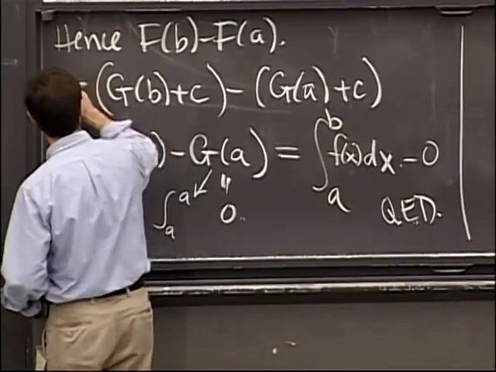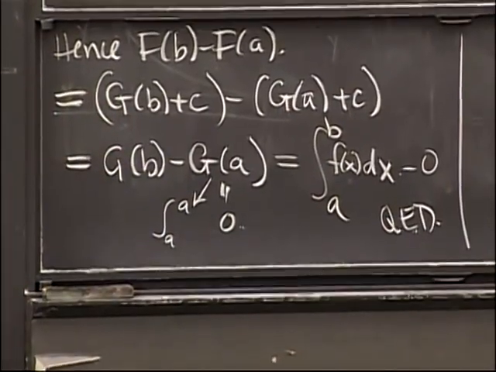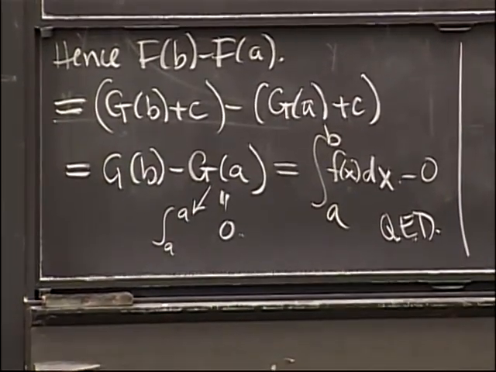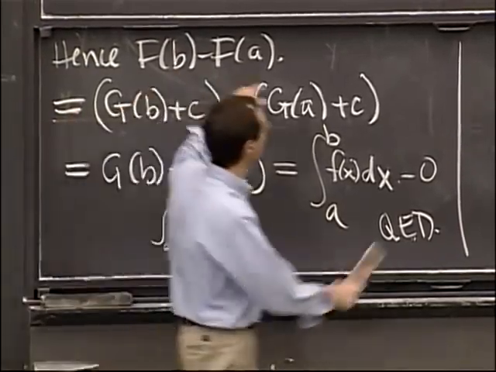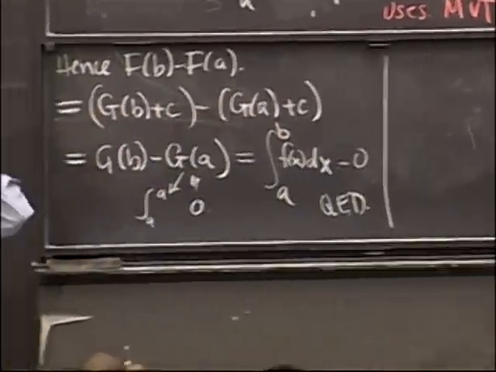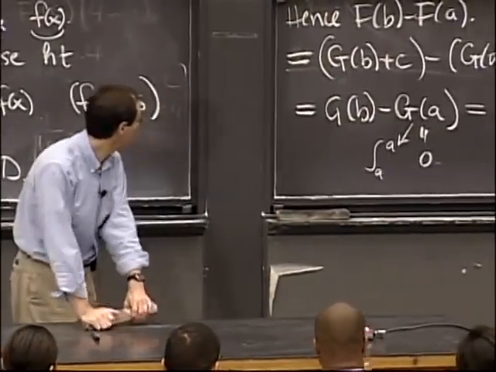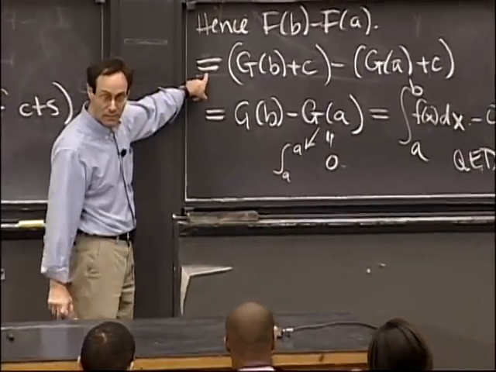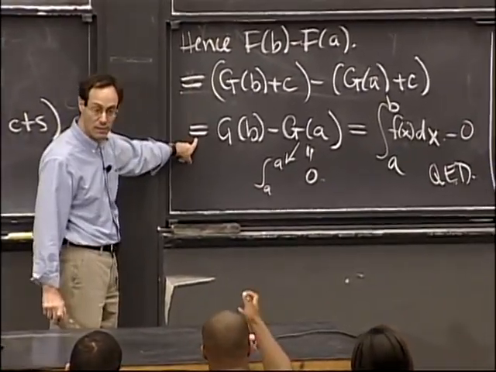Oh, sorry, this is an equal sign. Sorry, the second line didn't draw. Equals, because we're plugging in for f(x) the formula for it. Can you just go from f(b) minus f(a) to that? This step here?